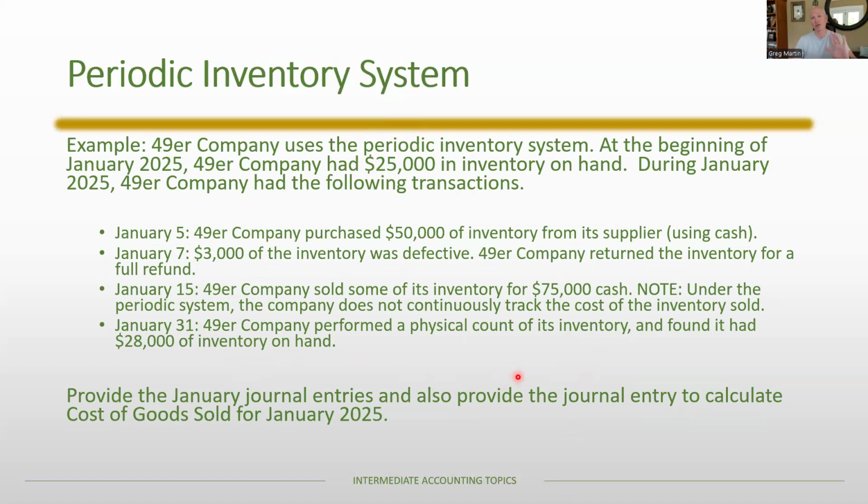Now, I'll also say most students do not enjoy this part of the periodic inventory system. It gets a little confusing as far as the way we do the accounting. But what you're going to find later in the chapter is that when you're doing some other calculations, the periodic system is way easier. And so there's definitely a trade-off there.